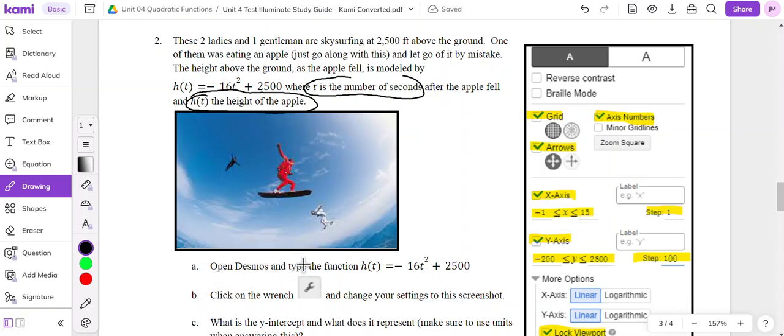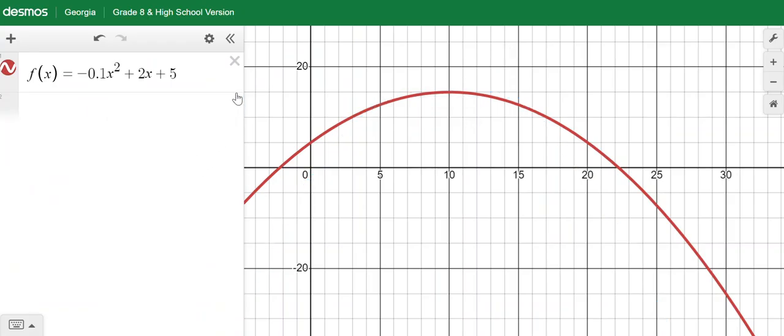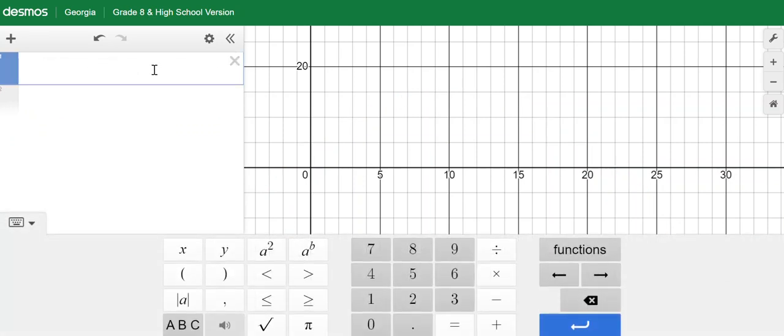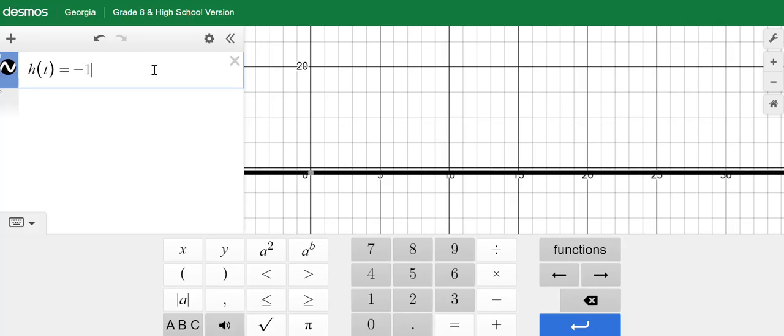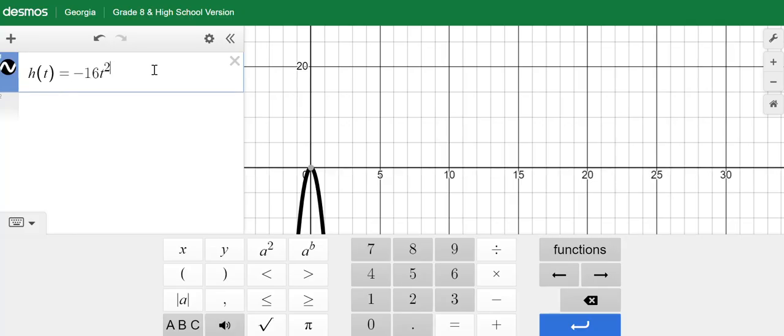So it says open Desmos and type in the function h of t. So let's get rid of this. h of t equals negative 16t squared plus 2,500.